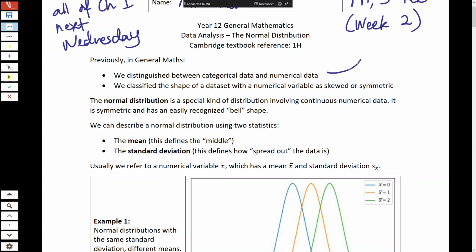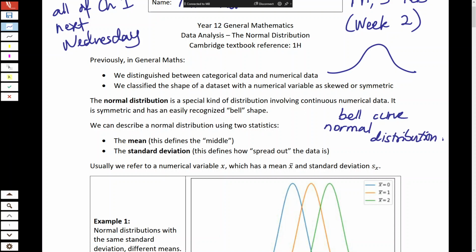It has a very famous bell-shaped curve. So people will call this either a bell curve or a normal distribution. They're talking about the same thing.